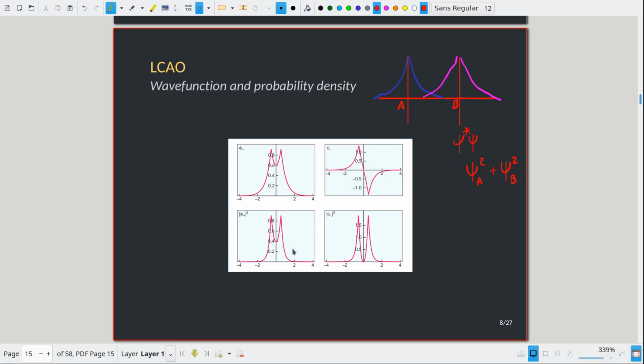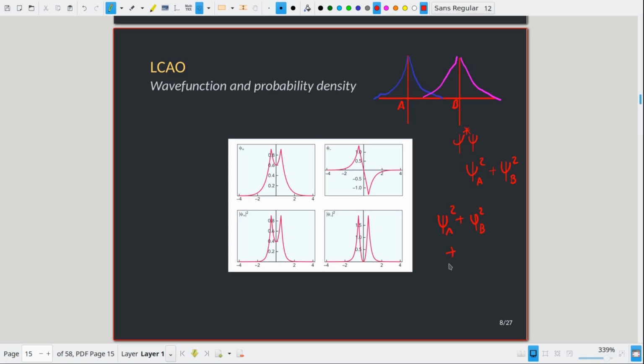But what happens in the case of the linear combination? The probability density will be given by the same term psi A squared and the same term psi B squared.